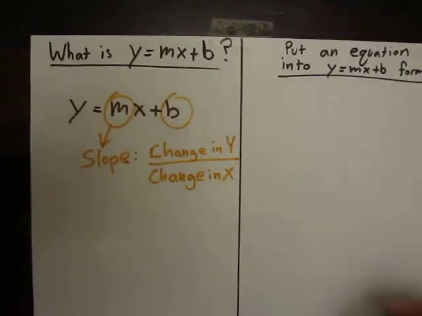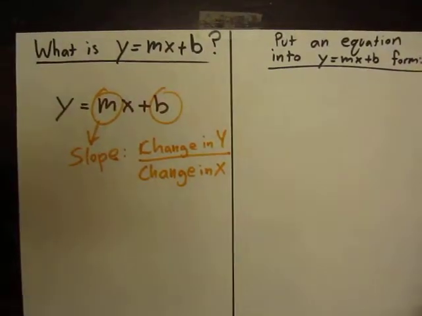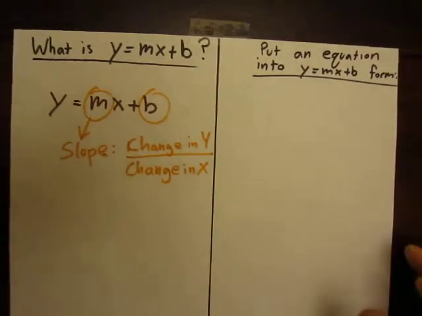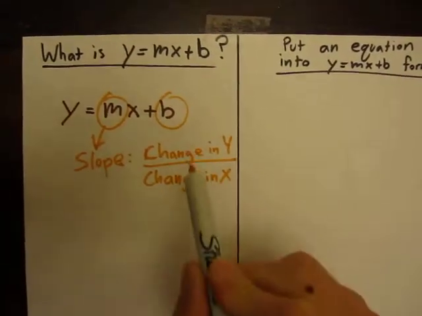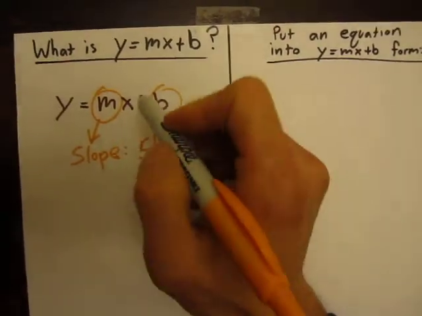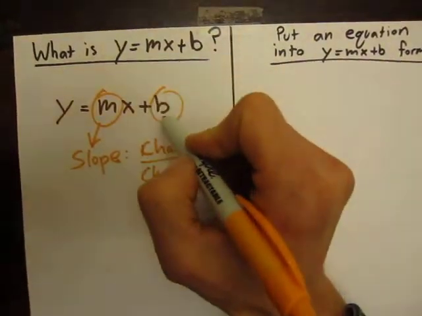We'll get more into how to find slope and exactly what it is a little bit later. But let's first finish up with what the b stands for.